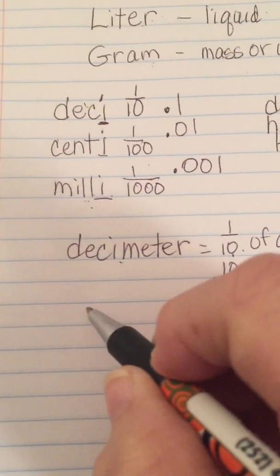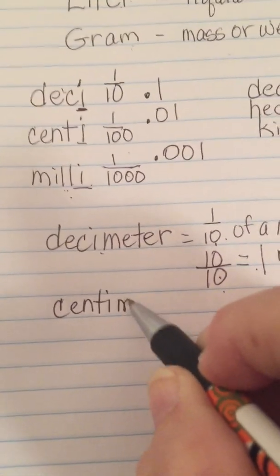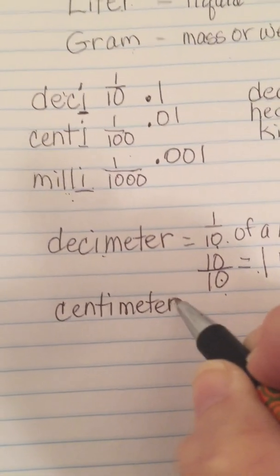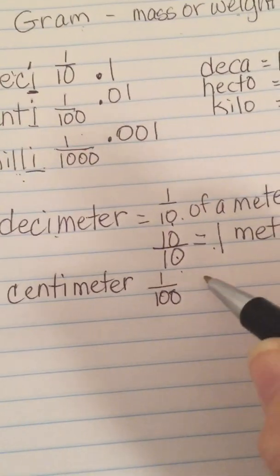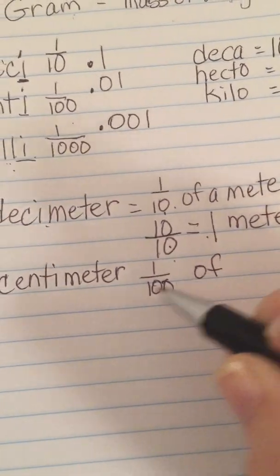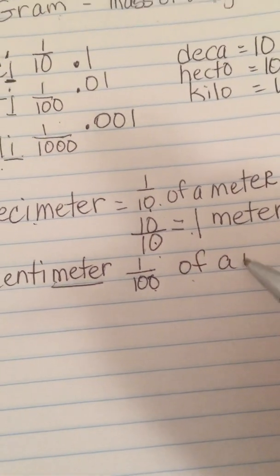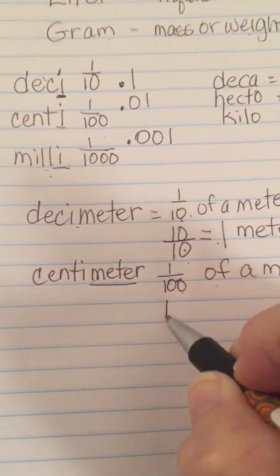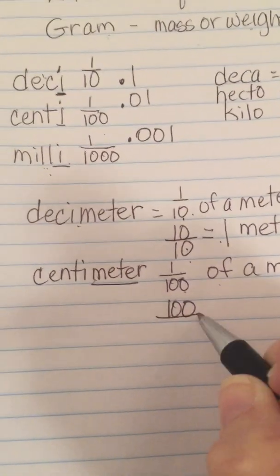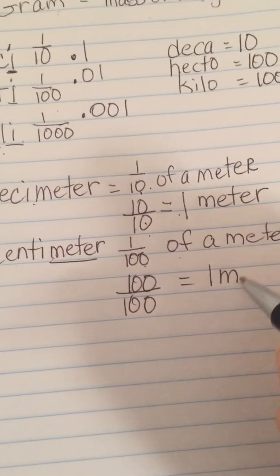All right. Centimeters means I have 1/100th of the whole thing. So a centimeter would be 1/100th of a meter. I would have to have 100 centimeters to equal 1 meter.